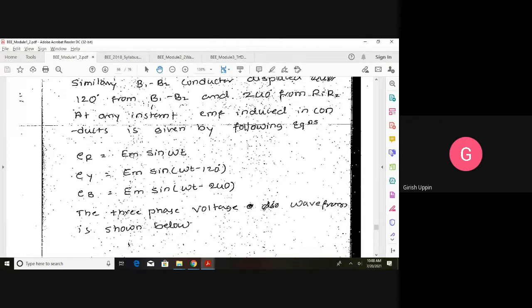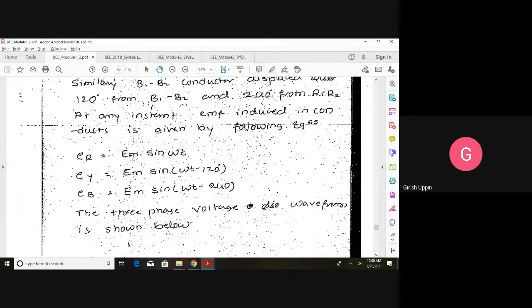Now, if you see, all these EMs are exactly the same. Why? All the phases will have the same kind of conducting materials and the same number of turns. Suppose R phase has 1000 turns of coil, having a particular length and particular cross-section area. Y will also have 1000 turns and B will also have 1000 turns, exact same dimension.